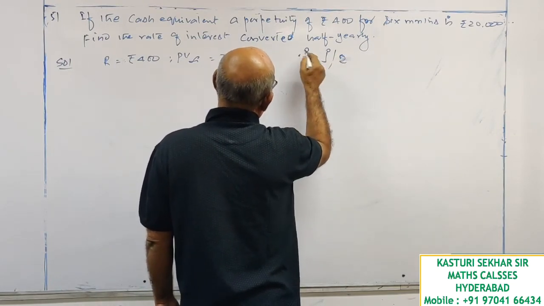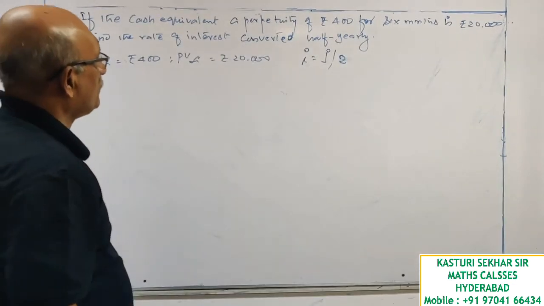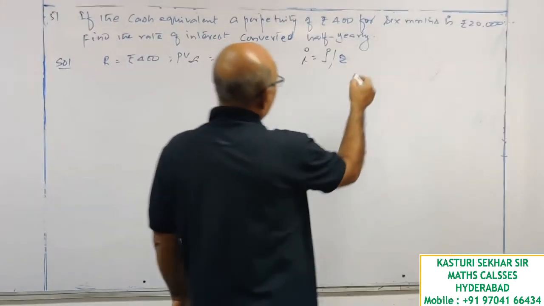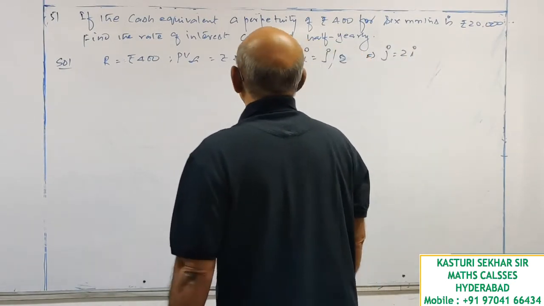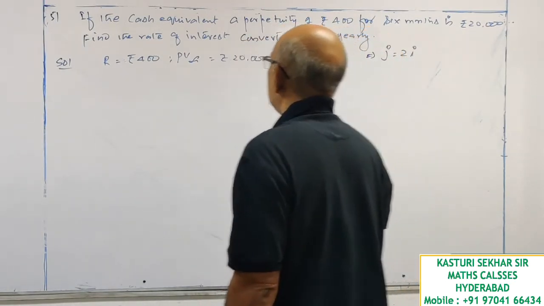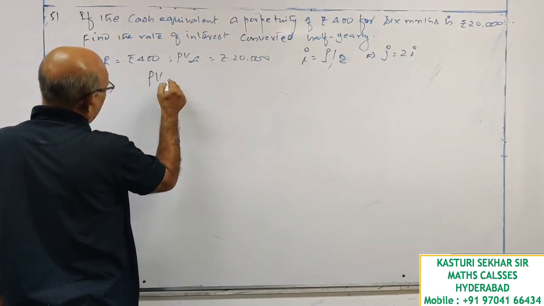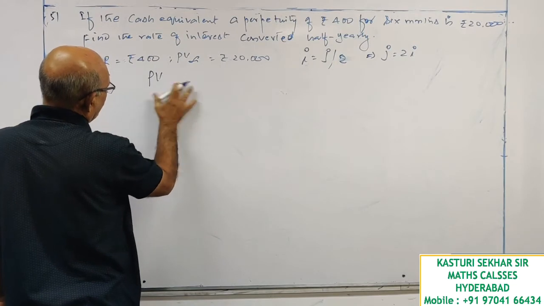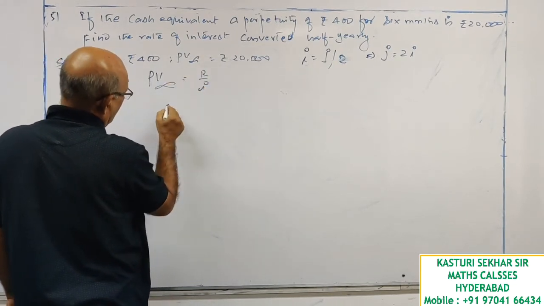Here interest is calculated semi-annually, which implies J is equal to 2i. We have present value of a perpetuity is equal to R by I.